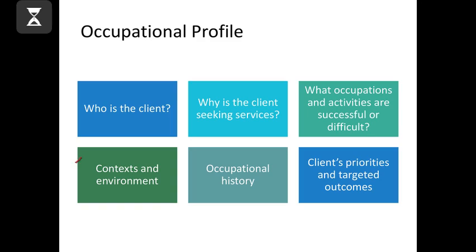So, how do the contexts and environment impact an individual's performance? We're going to look at the occupational history. And very importantly, we want to know who the client is, but we also want to know what their priorities are and targeted outcomes. This is right at the beginning. This occurs in the evaluation process.